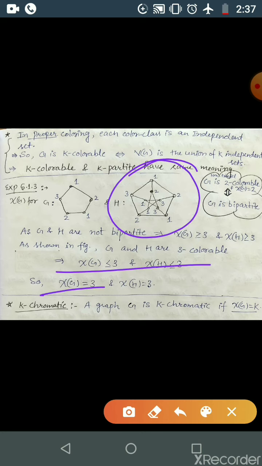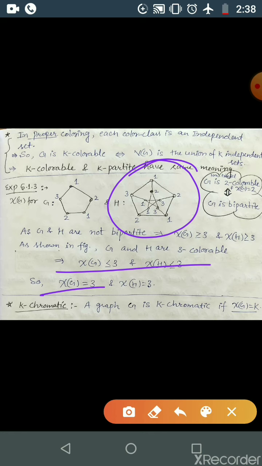And here also, this is the Petersen graph, correct? In the Petersen graph, C5 is present outside, so this is not bipartite because an odd cycle is there. Not bipartite means its chromatic number will be at least 3. It is not equal to 2 because this is not bipartite, correct?